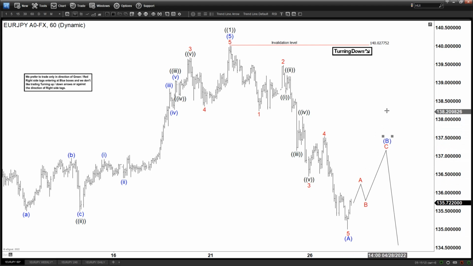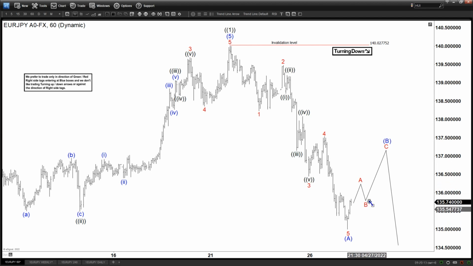So the idea here is pretty simple, right? When we see a forecast like this, technically this forecast is giving you the path. It doesn't necessarily give you the exact level where the A should end, where the B should end, where the C should end. So a lot of people misunderstand that idea. This idea actually is to give you an idea.